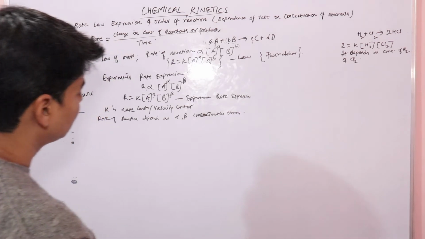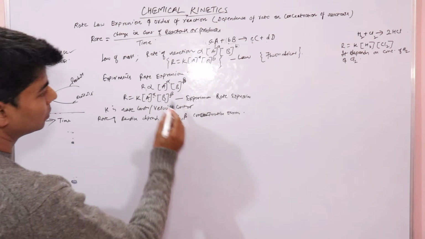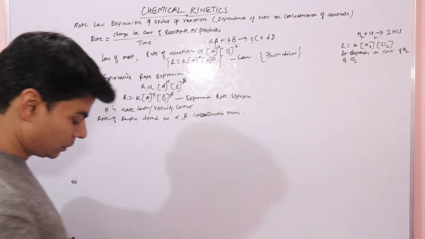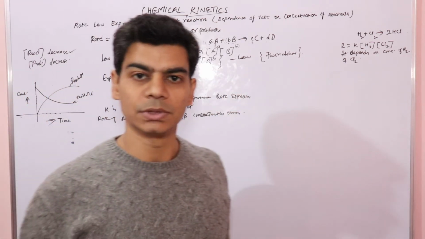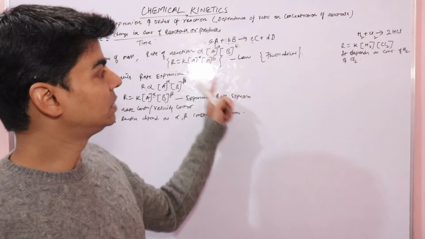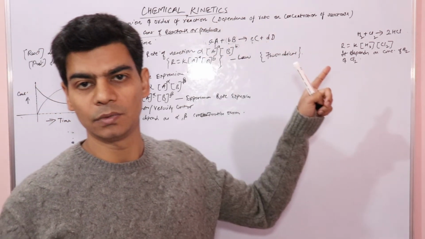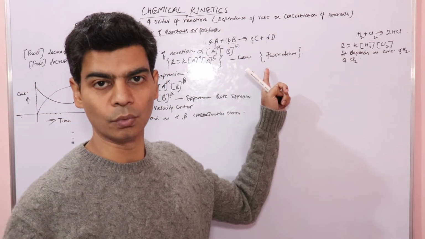What is the difference between this and this? This will tell you the actual concentration terms on which the rate of reaction depends, and this tells you the rate of reaction based on your balanced chemical equation, which may not be true.